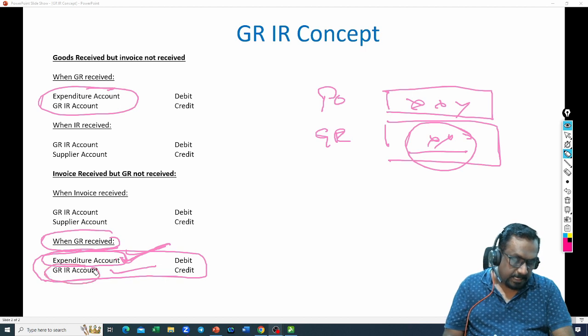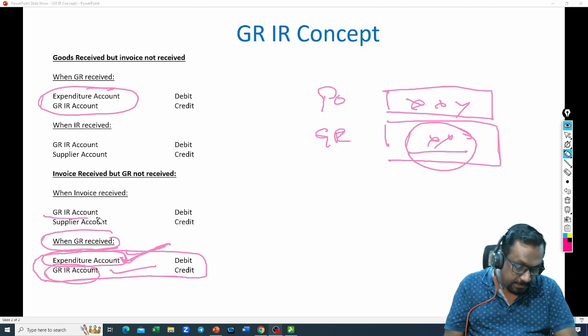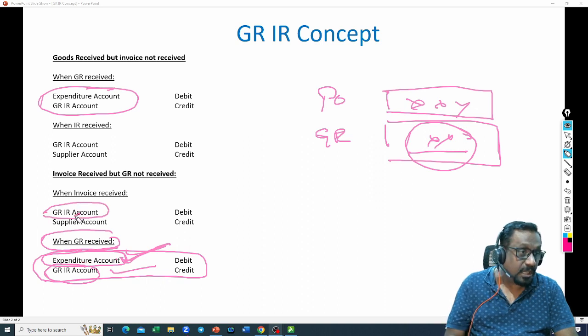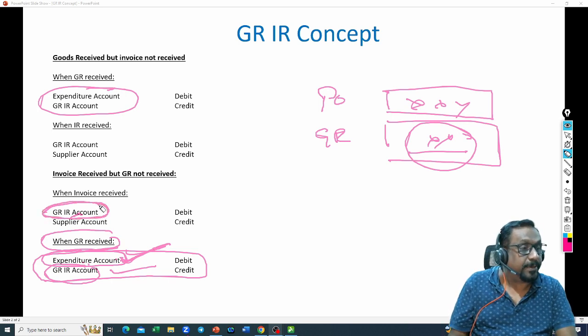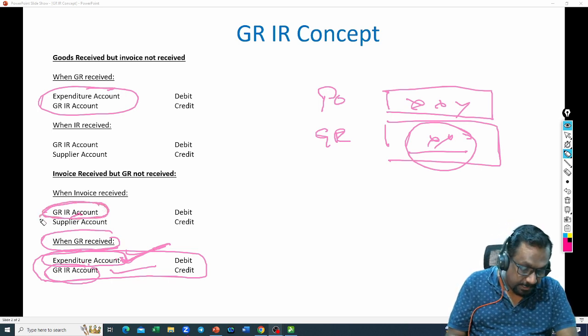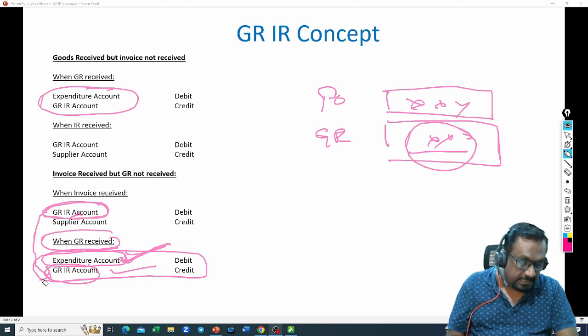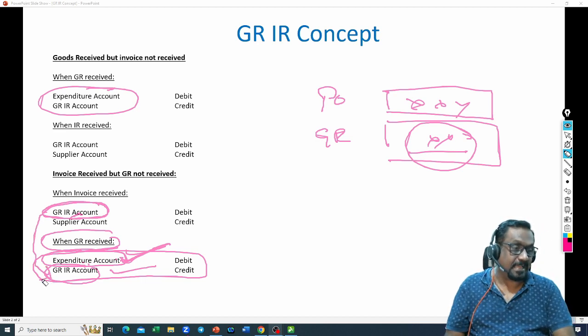Then why am I crediting the GRIR account? Here I debited the GRIR account instead of the expenditure account because the material was not received. Now the material is received, hence the expenditure account is debited. This GRIR is not required now because the GR is already updated. Since the GR is already updated, I am cancelling the GRIR by crediting the GRIR account.